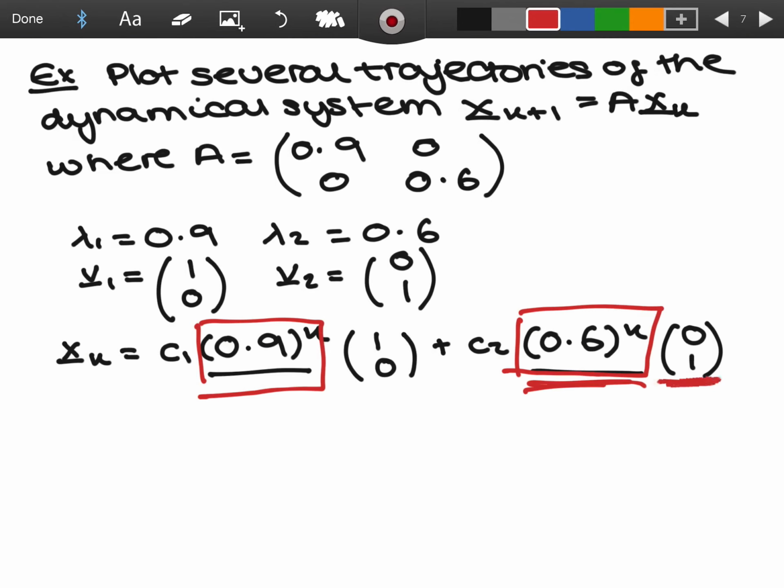So anything in that direction, you're going to go to 0 the fastest in the direction of this eigenvector on that line that goes through 0 and that eigenvector. So the way that you say it is the greatest attraction is along the line through 0 and the eigenvector v2, because that's the line in which you're going to go to 0 the fastest.